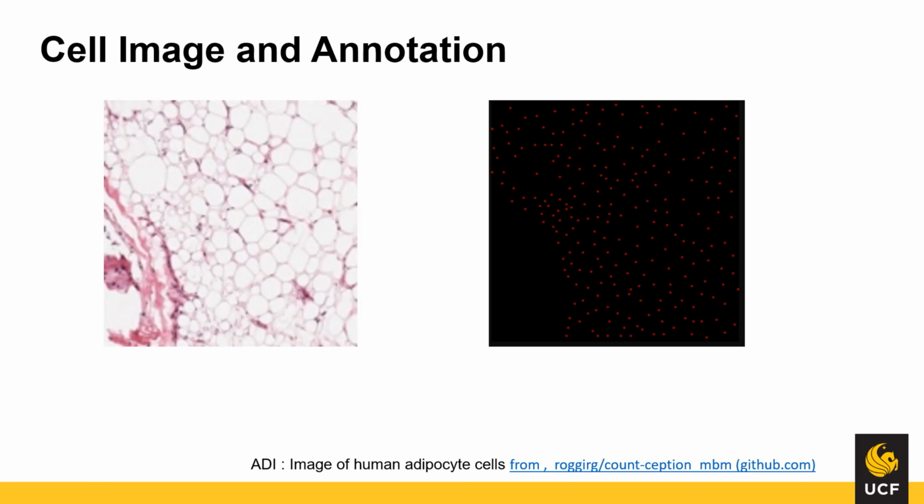So the density map is basically, if you look at it, kind of like a heat map, right? For those person regions, or here, the cell regions, you generate a heat map with a maximum value. Then you can easily translate this heat map or density map into the actual number, using maybe some threshold, or you can just compute the value.